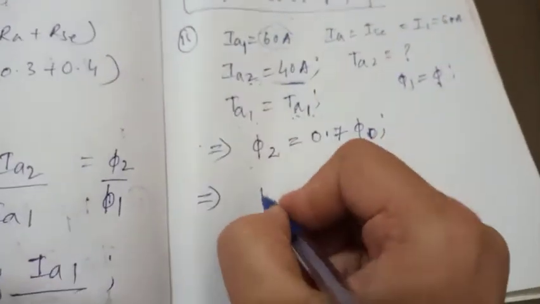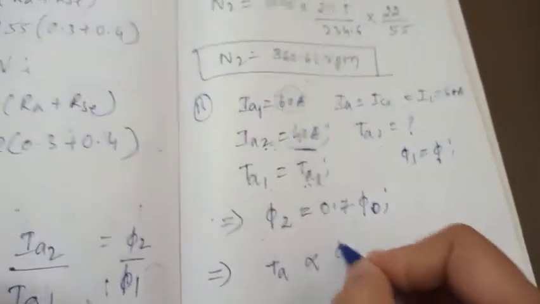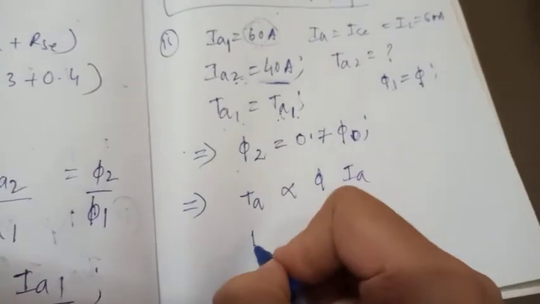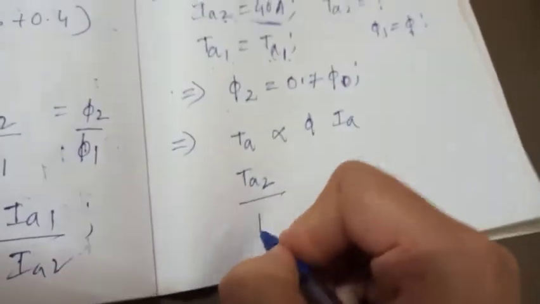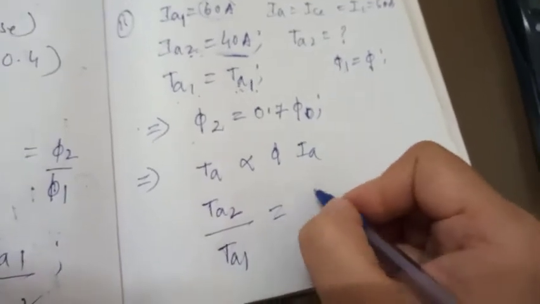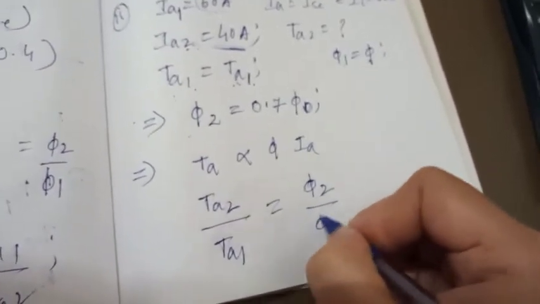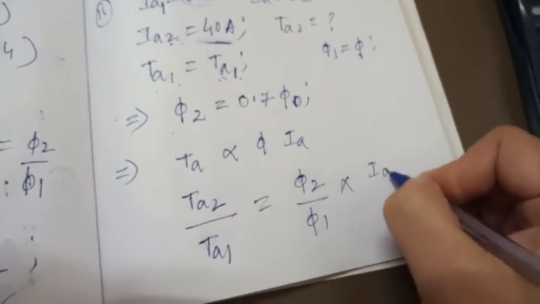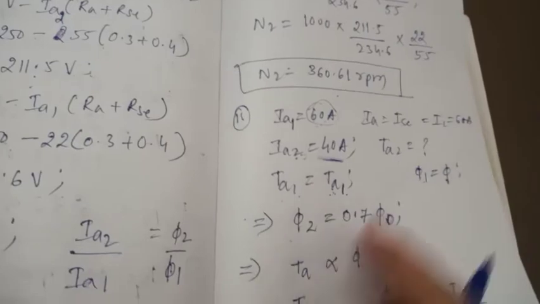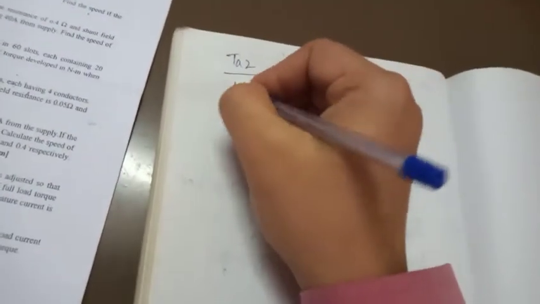So TA2 divided by TA1 is equal to phi 2 by phi 1 into Ia2 by Ia1. Right? So what is TA2? TA2 is what I have to calculate, as a percentage of TA1.